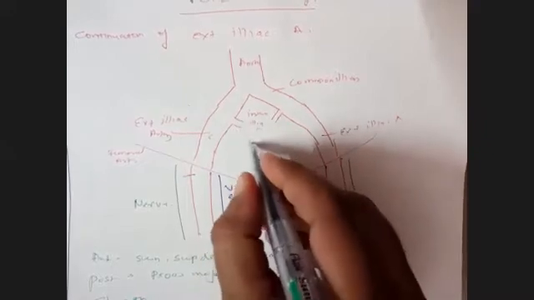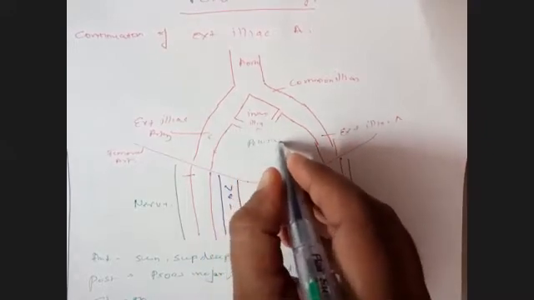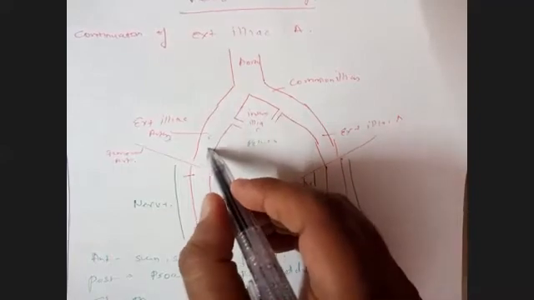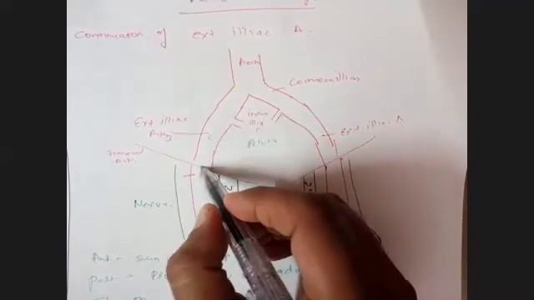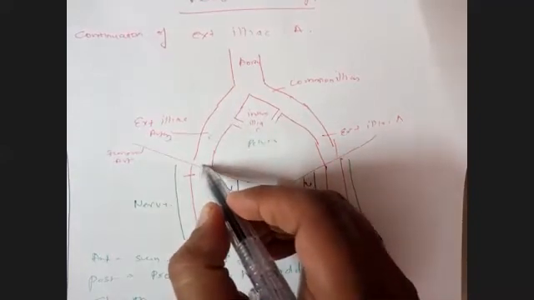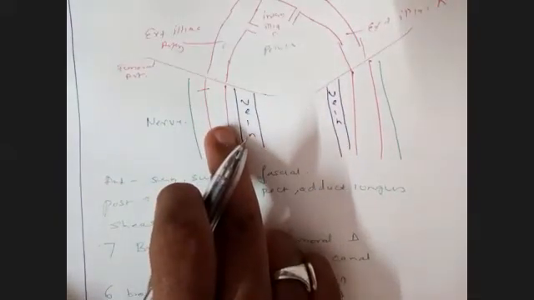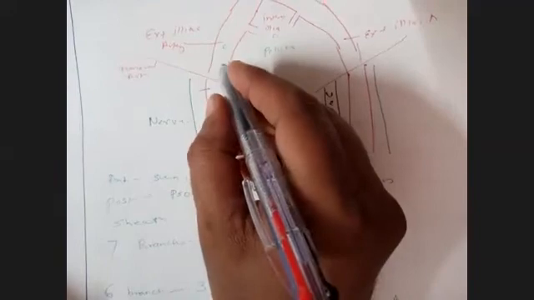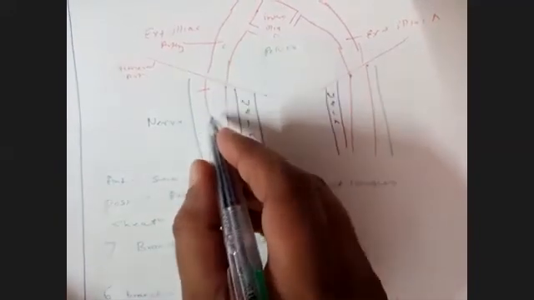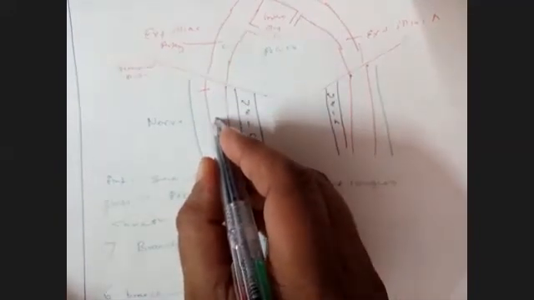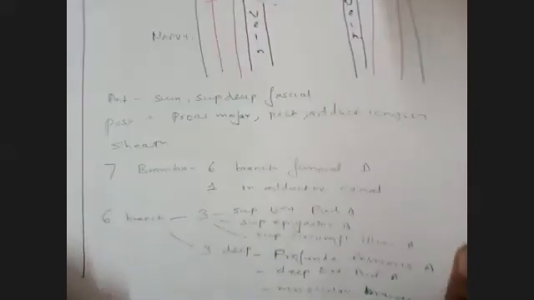Internal iliac supplies the structures in the pelvis. External iliac goes below the inguinal ligament, and as I told you earlier, beyond the inguinal ligament is the lower limb. So when the external iliac crosses the inguinal ligament, it is called the femoral artery.